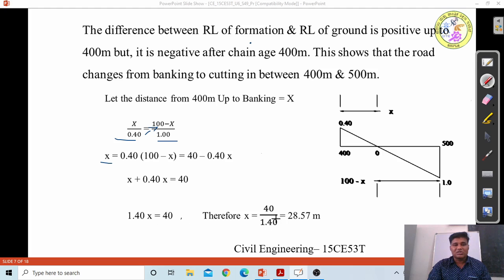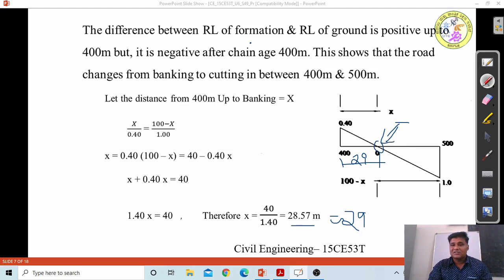So x is equal to 40 divided by 1.4, which gives 28.57 meters, approximately equal to 29.